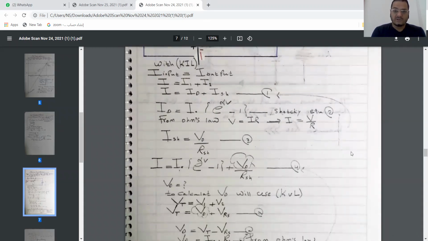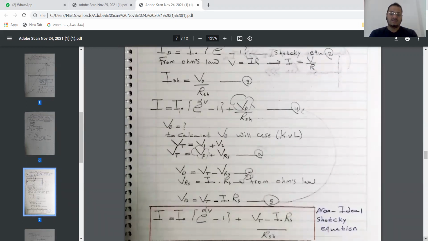And from Ohm's law, ISH equals VD, the diode voltage, divided by the parallel resistance. We put equations 2 and 3 into 1. Now we must calculate VD to complete the equation.